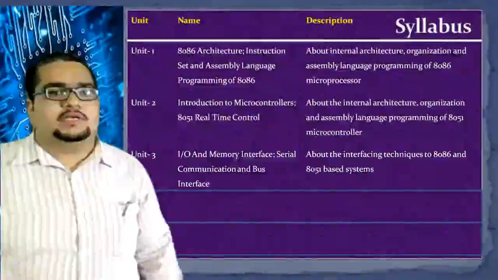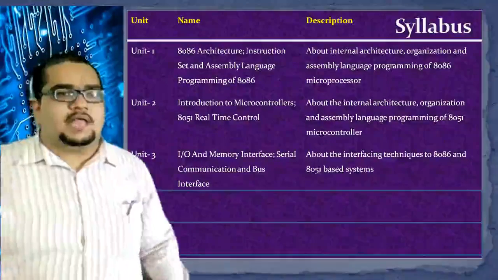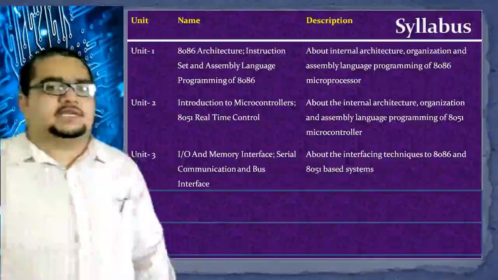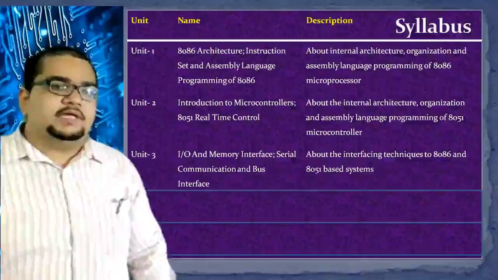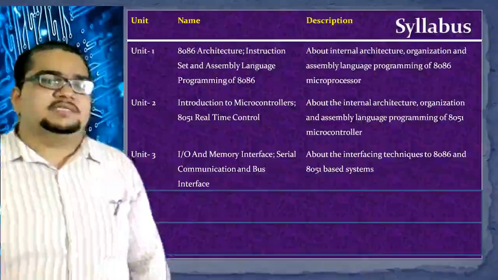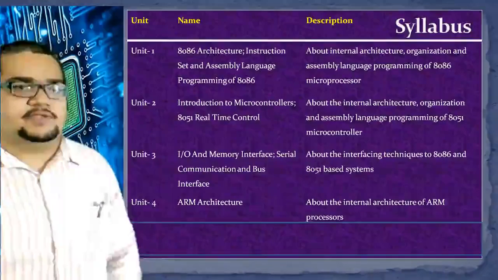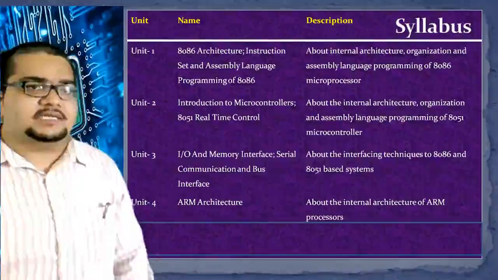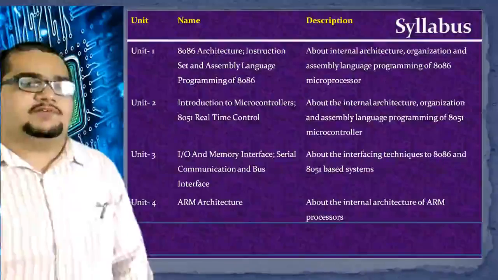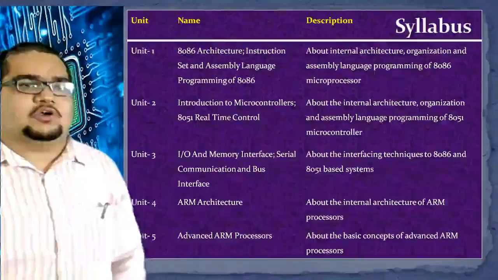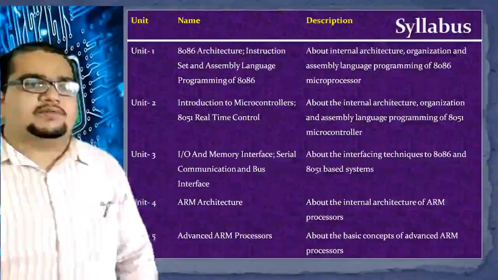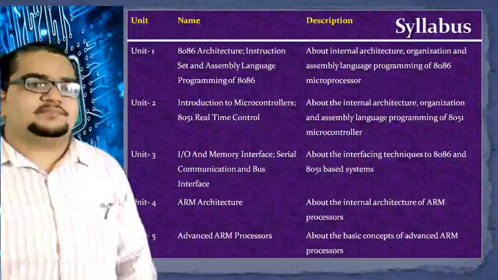Unit 3 is about interfacing different IO interfaces, memory interfaces and serial communication interfaces to 8086 and 8051 systems. Unit 4 gives you the basic understanding of the RISC architecture in ARM processors, and Unit 5 talks about the basic concepts in the latest available advanced ARM processors.